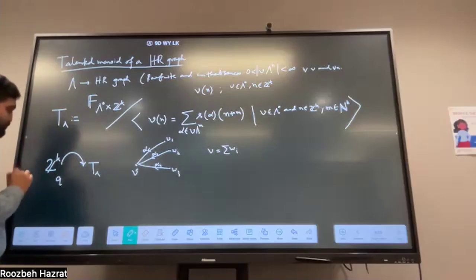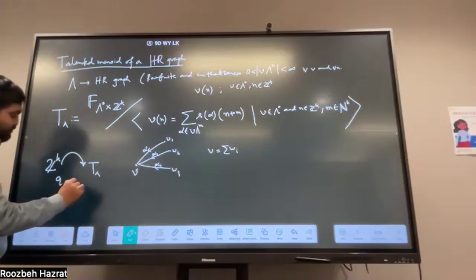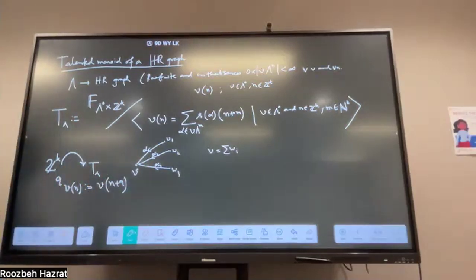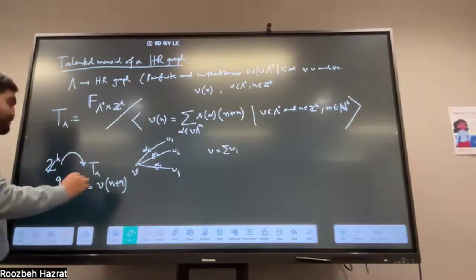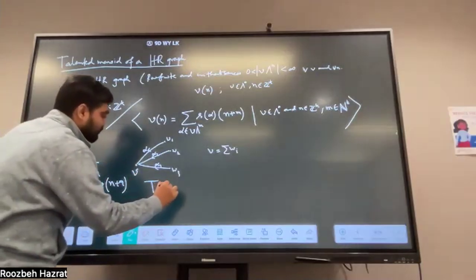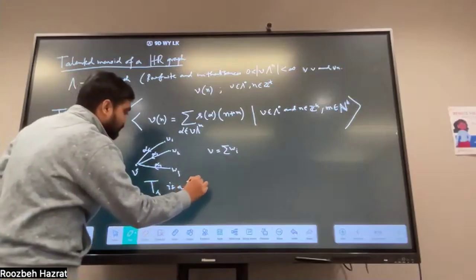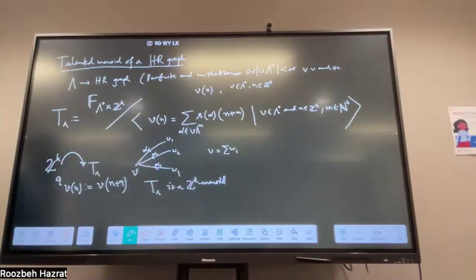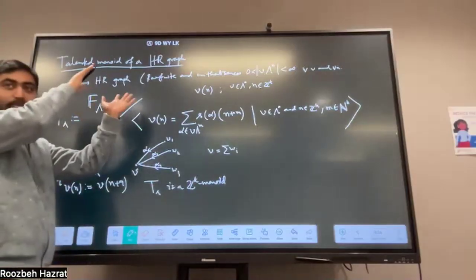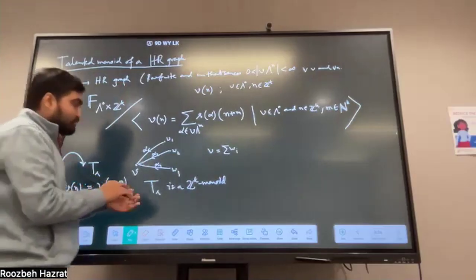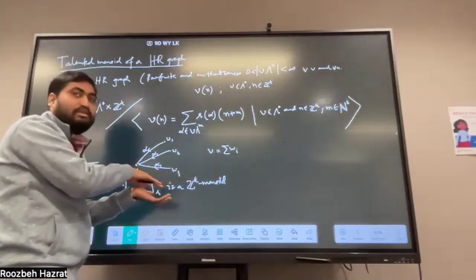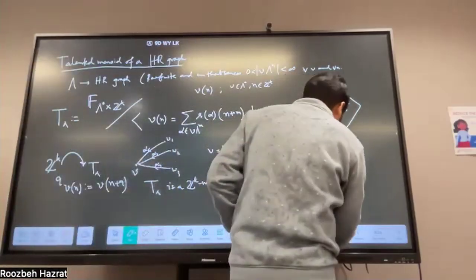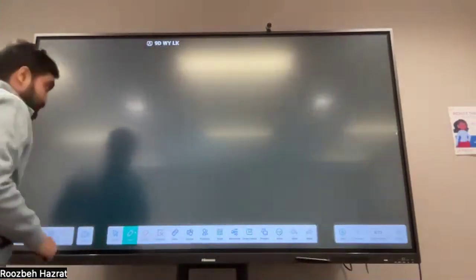So if you have a shape Q, then acting on this generator results in n plus Q. This is a very easy definition of this action, but together with this action, the talented monoid becomes a Z^k-monoid, and our program is to translate the geometric properties of the higher rank graph into the language of the Z^k-monoid theoretic properties of the talented monoid, right? So let me show you some instances with some examples.